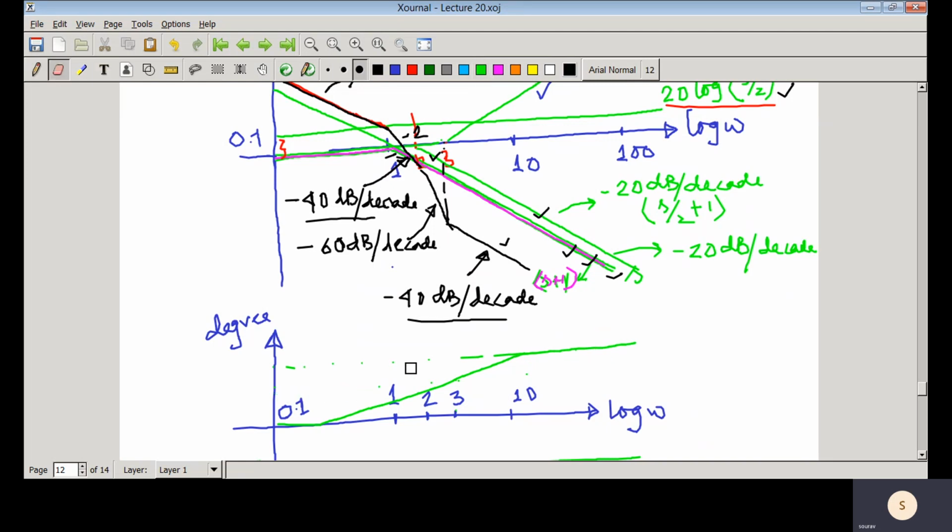At the corner frequency, that would be plus 45 degree, and we can see that one decade below this and one decade above that. So the slope would be here, the slope is 45 degree per decade.